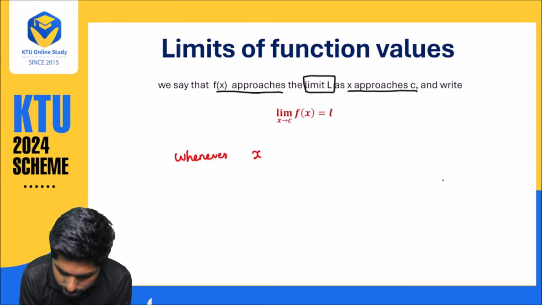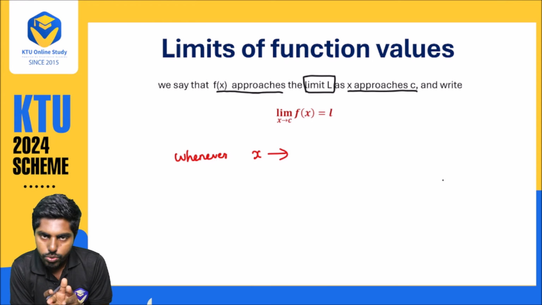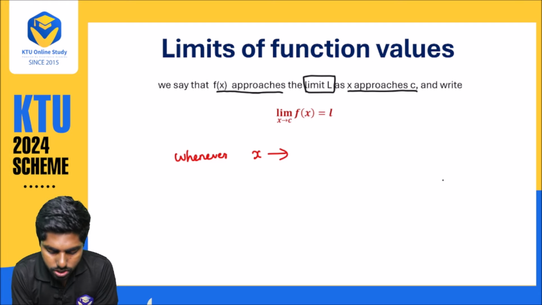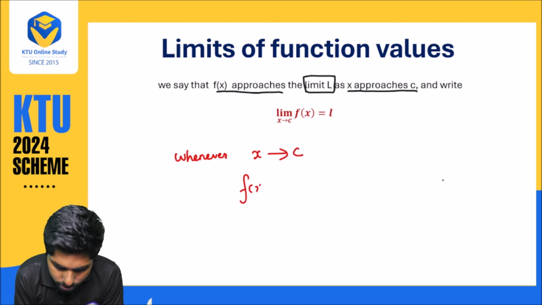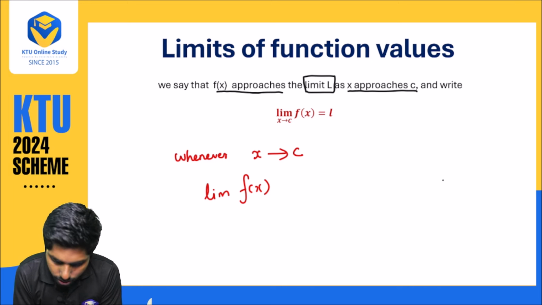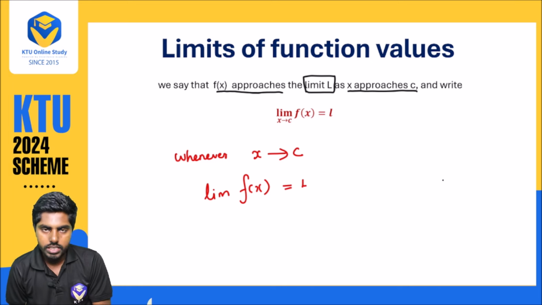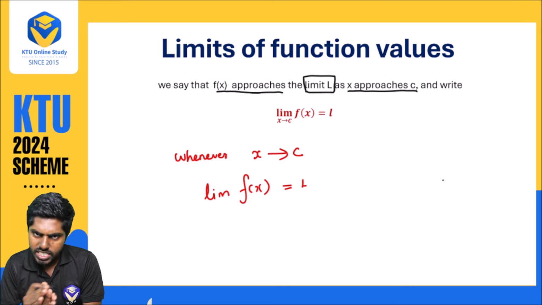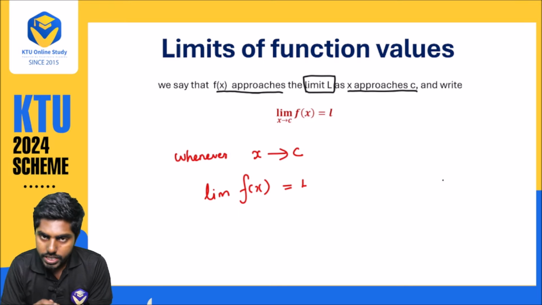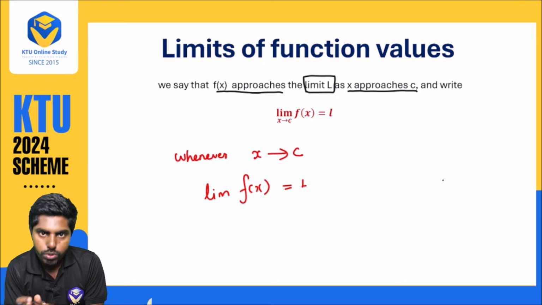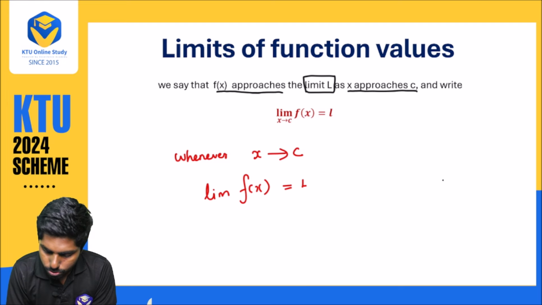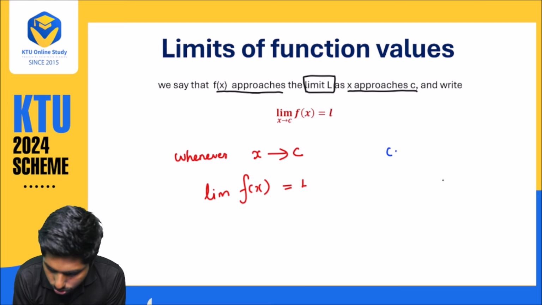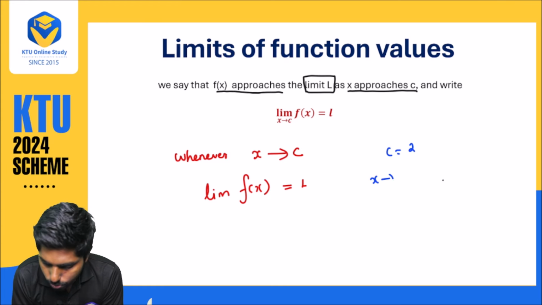Whenever x approaches C, that is the reason we are using the arrow symbol, our limit f of x will approach L. That is the reason we are using x approaches C. That does not mean x is equal to C; x is approaching, that is near to C. Suppose C is equal to 2, it means x approaches near to 2.